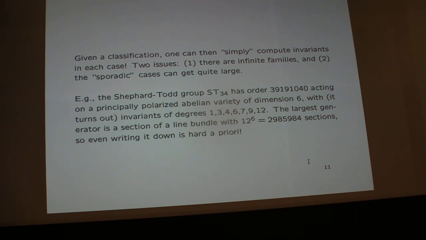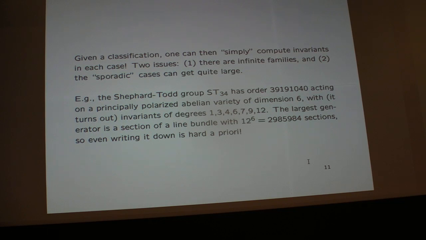Now there are two problems. First is there are infinite families. And I often find that the infinite families are the hard case because you just can't ask the computer. However, there's also the case that the sporadic cases that are left over after you remove the infinite families can be really big. This one has 39 million elements of this group, and it's acting on a 6-dimensional abelian variety.